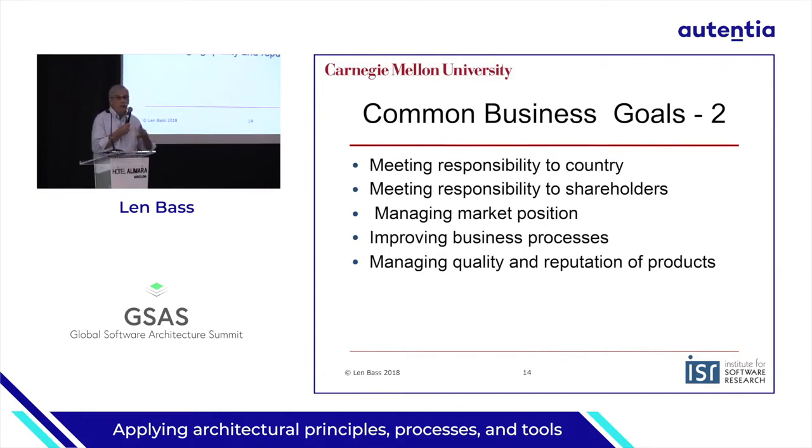You can use this to talk to your business people. One of the things I've discovered, having done this since I was a child, is that you talk to people, you say, what business goals is this system supposed to answer? And they say, business goals? Yeah, I think there's some. So if you have a list, it gets more meaningful for them.